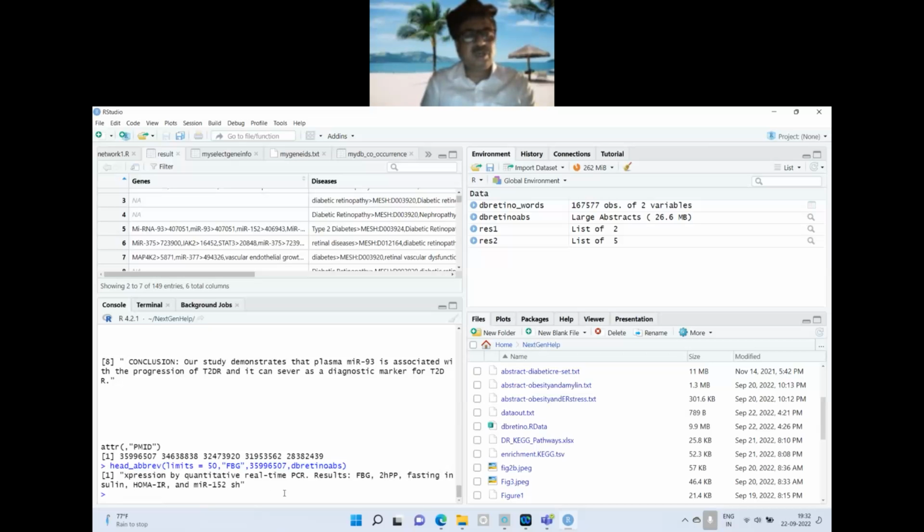So the author looks like they have written it as FBG without first mentioning what it is. Sometimes this happens in papers.